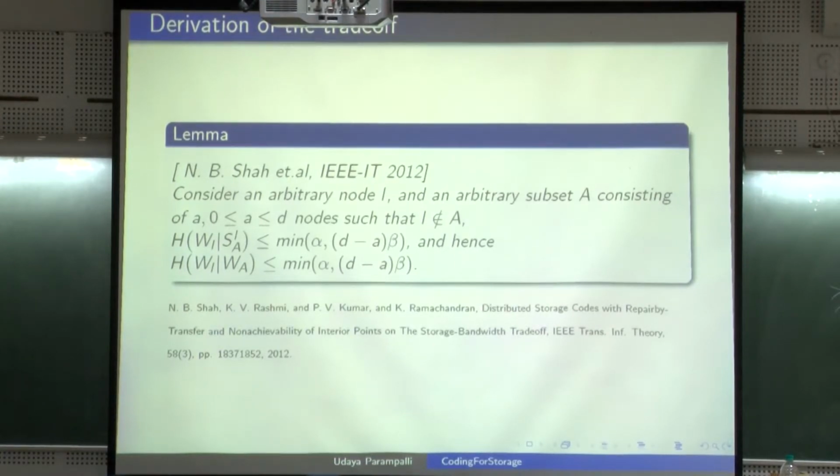Okay. So once we have prepared with this lemma, what it really says is that while repairing, consider an arbitrary node L and an arbitrary subset A, considering A nodes and the other d minus A beta nodes, they all repair a particular node. So the entropy with a condition on those nodes in A is always at most the minimum of alpha and this, because we showed that.